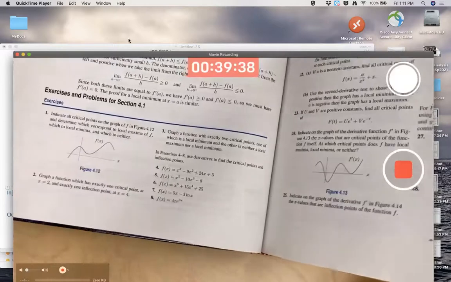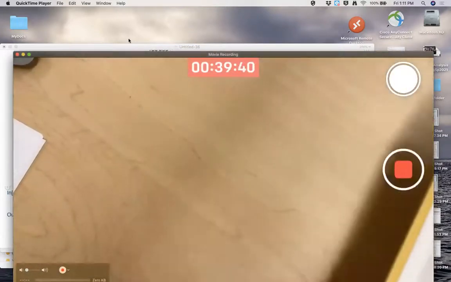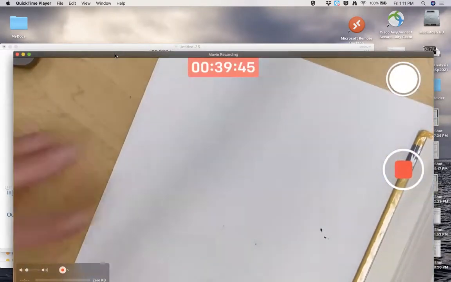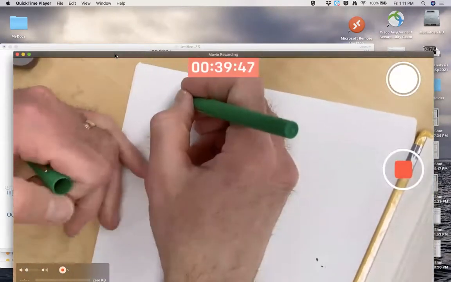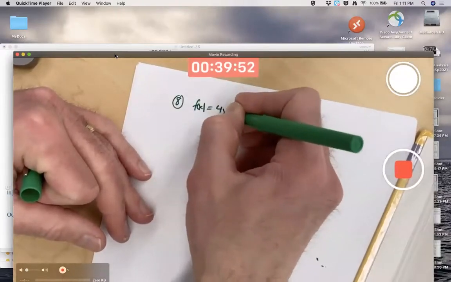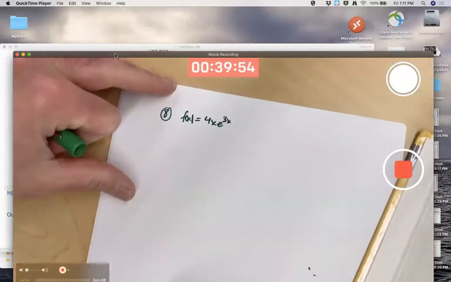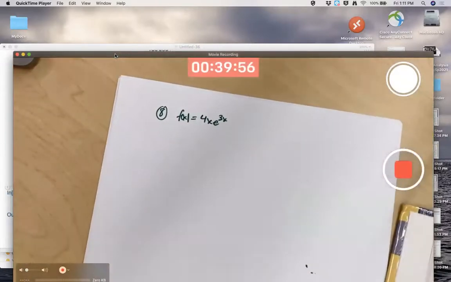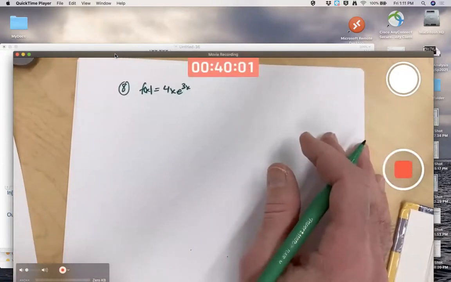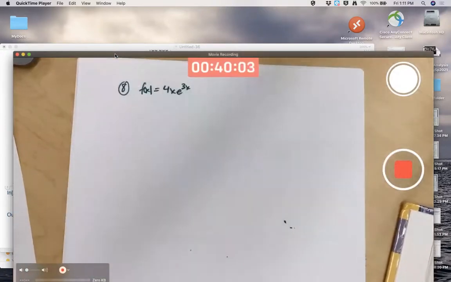Not a polynomial anymore. The directions are the same. Find the critical points, find the inflection points. I will also try to figure out where f is increasing and decreasing, concave up and concave down, and try to graph it.